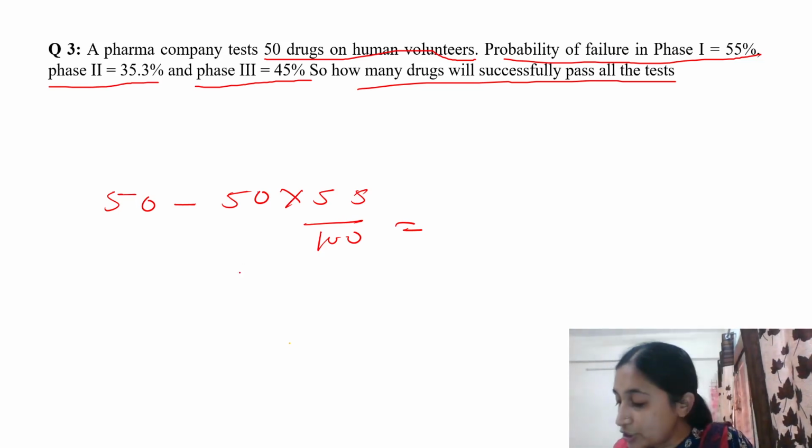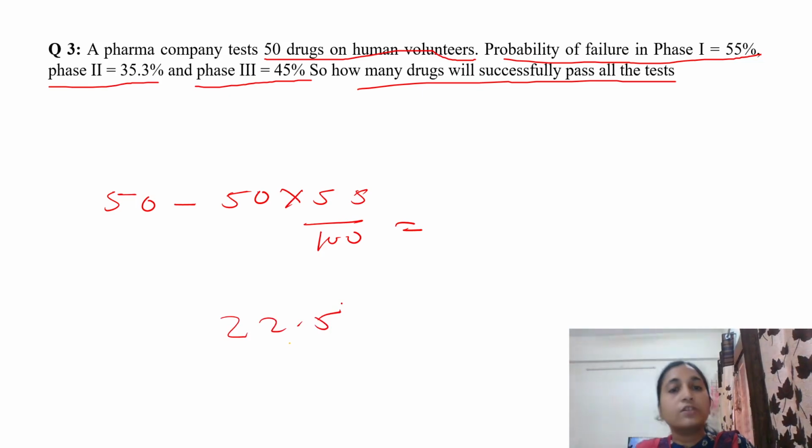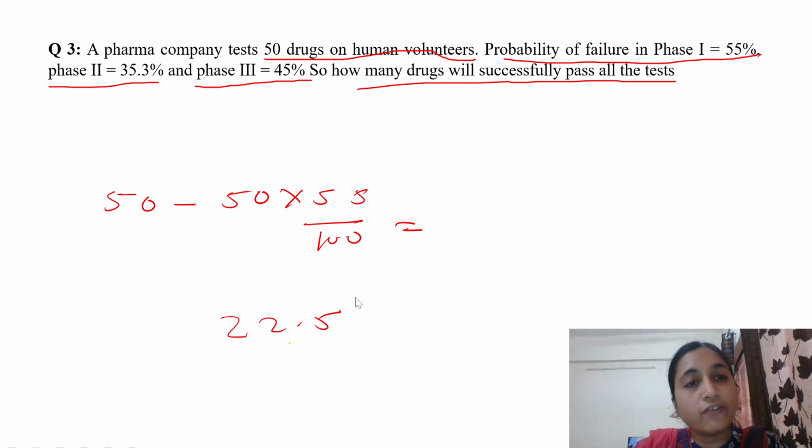It will be 22.5. So from 50, only 22.5 drugs will reach phase 2, or this many drugs have passed phase 1. So only this many will go for the phase 2 study.